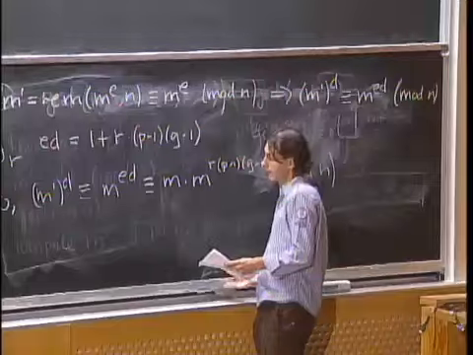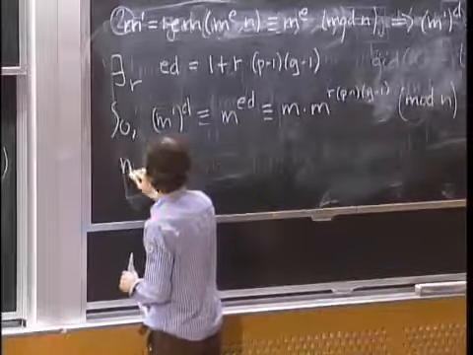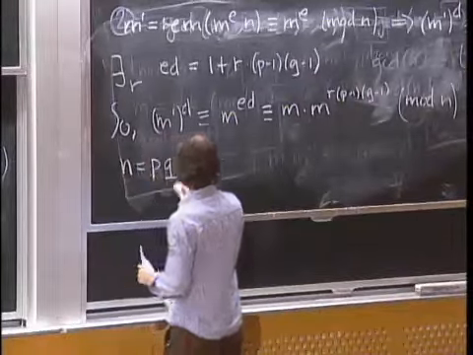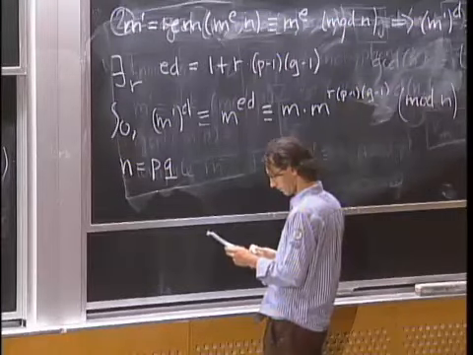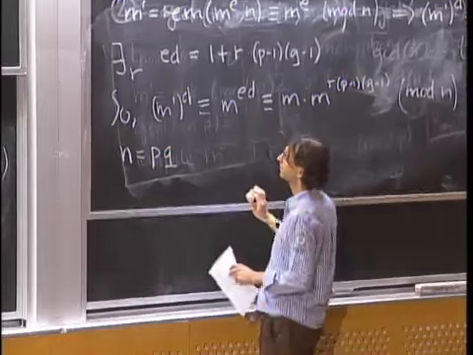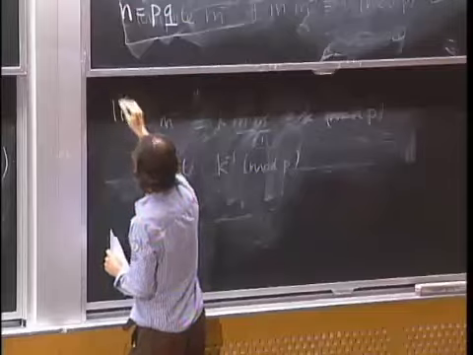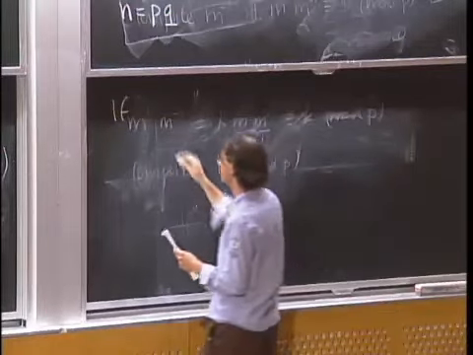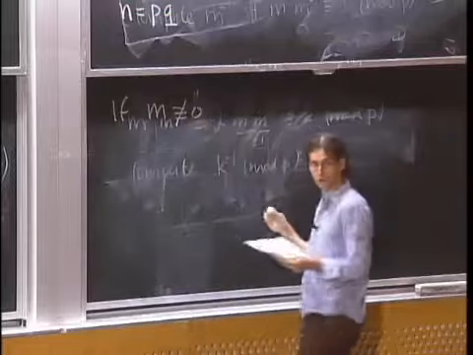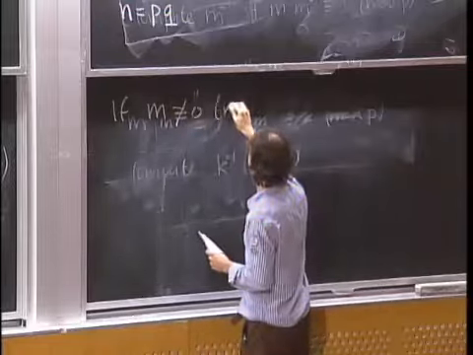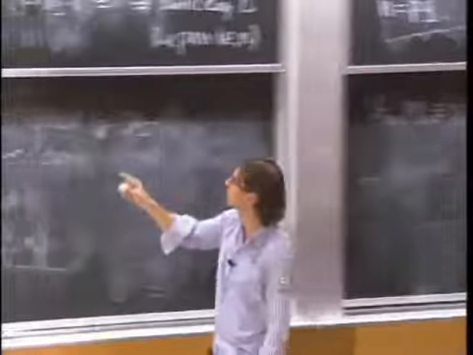So now we're finally going to get to Fermat's theorem. We know that n is the product of p and q. Let's apply Fermat's theorem and see how we can use this. So if m is not congruent to 0 modulo p, then we can apply Fermat's theorem.